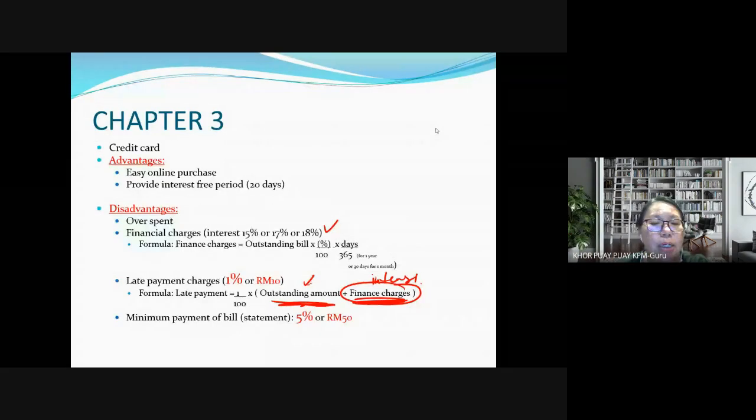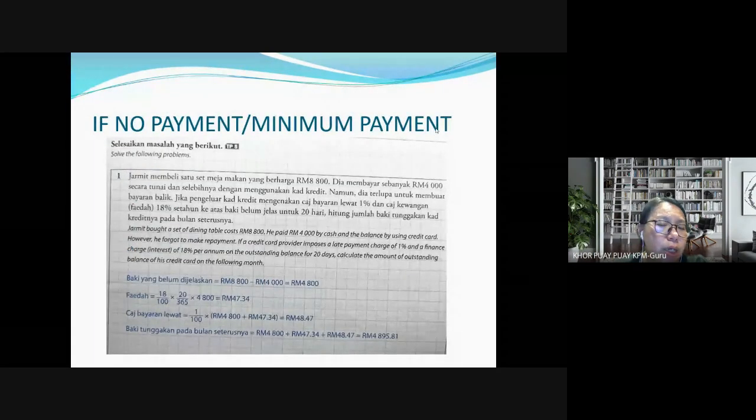Okay, right. Next one. In this situation, if you have a late payment, you didn't pay, then what is the charge on the late payment? And then how much do you pay? Or next month, what is your amount due? If you didn't settle this bill, what is the next bill? Sometimes the question might ask you like this.